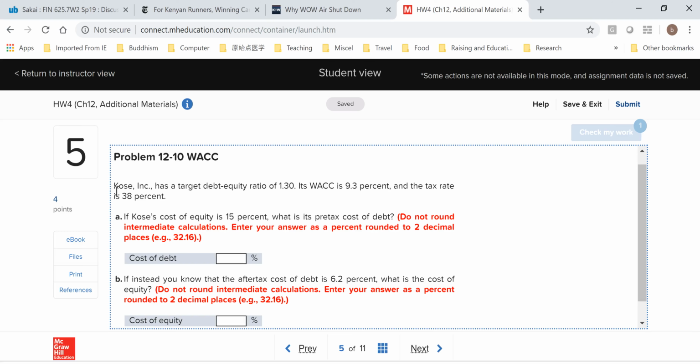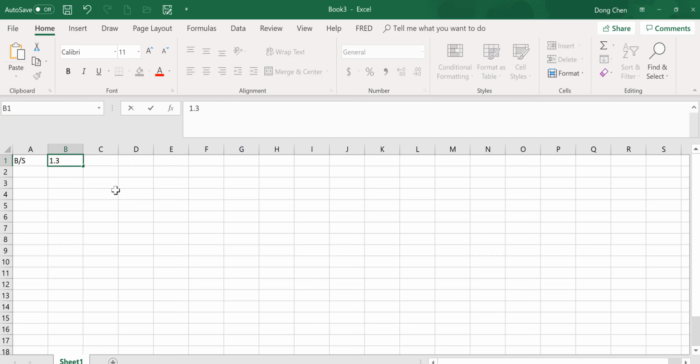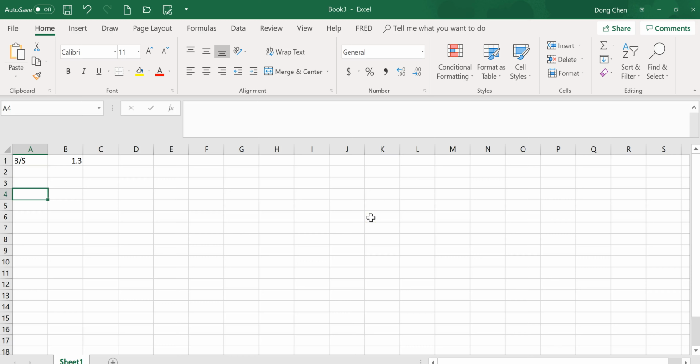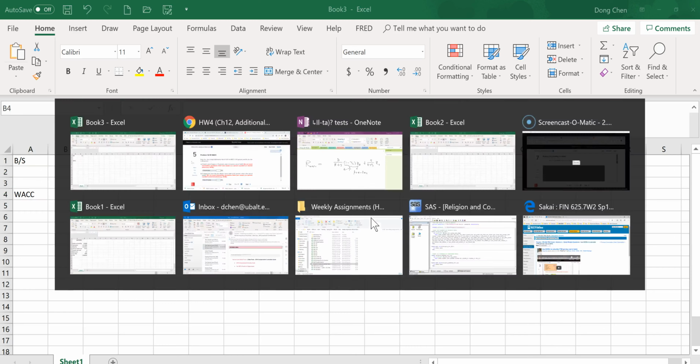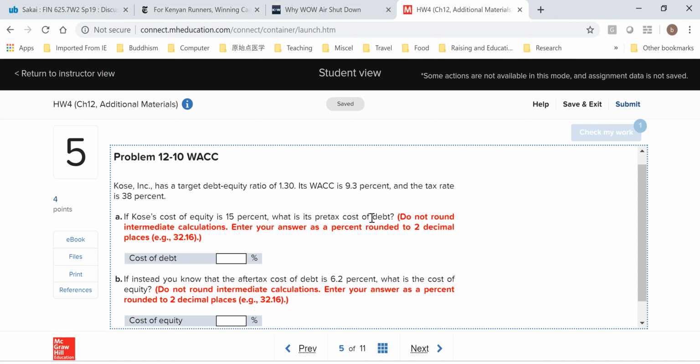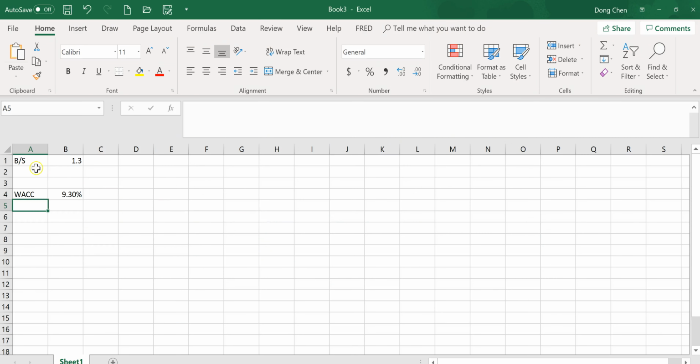The debt equity ratio is 1.3. And the WACC is 9.3%. Once we know the debt equity ratio, we can figure out the debt value ratio very easily.